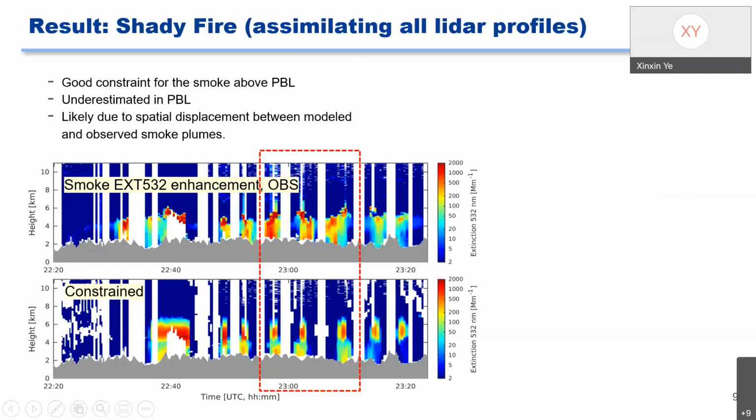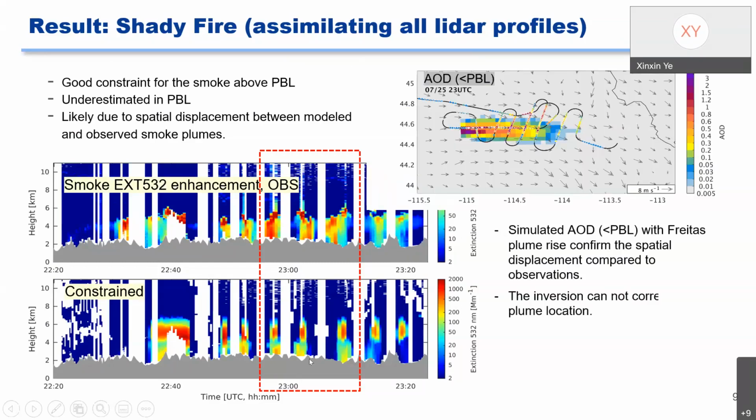So the inversion would try to constrain the places where the plume is not observed. So again, this would create the underestimation.